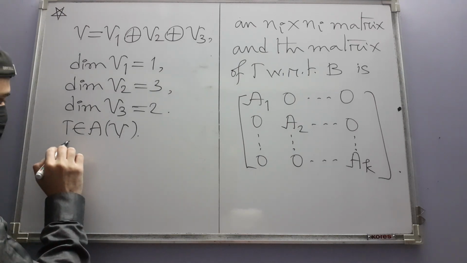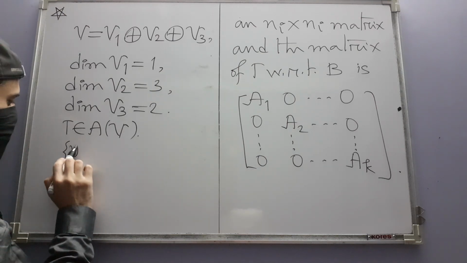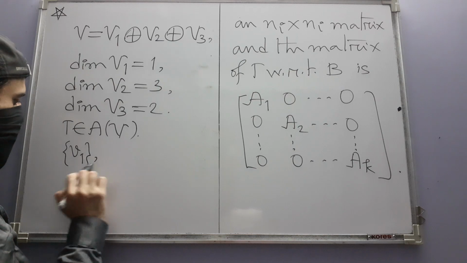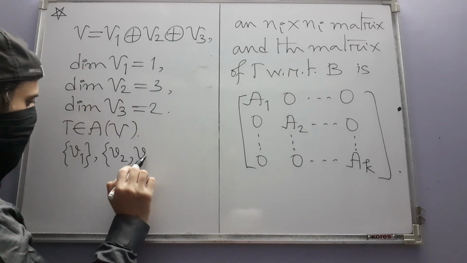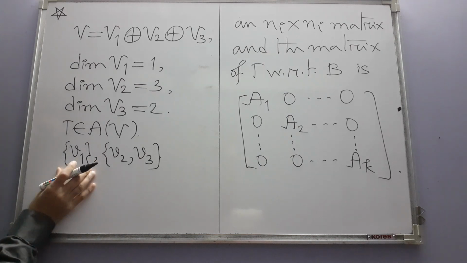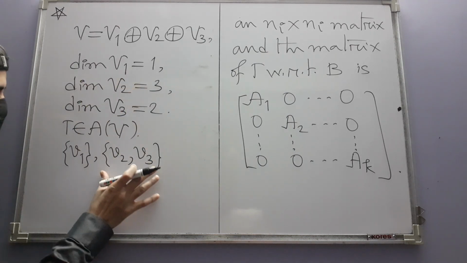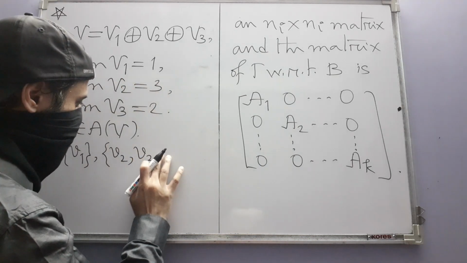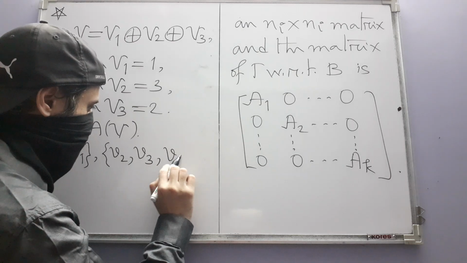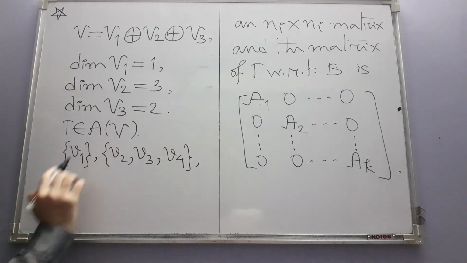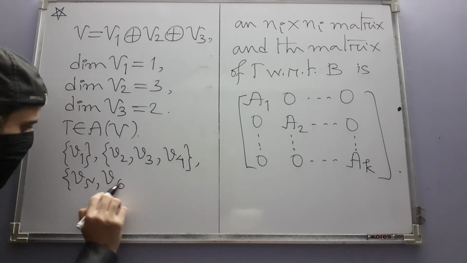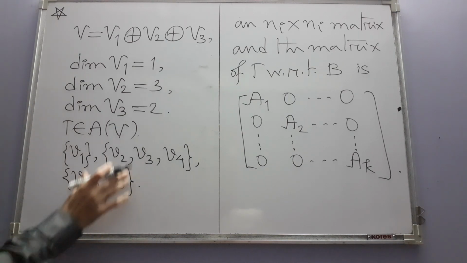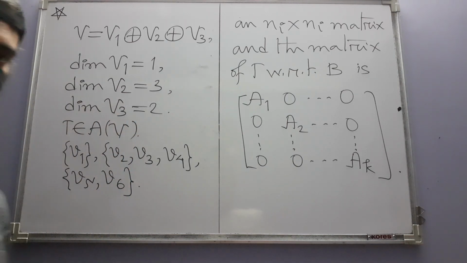Just simple, straightforward V1, V2, V3. Okay, so this is a basis for V1. This is, we have 3 here, no? V4, and say V5, V6. This is a basis for V3. All right.